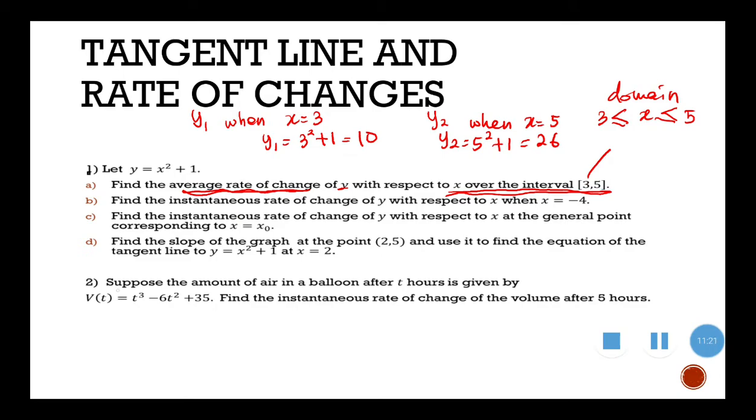Okay, so now we have 2 points, which is what, class? Can anyone guess?